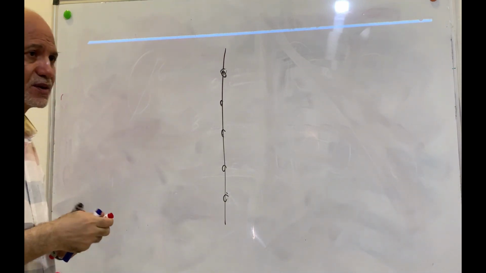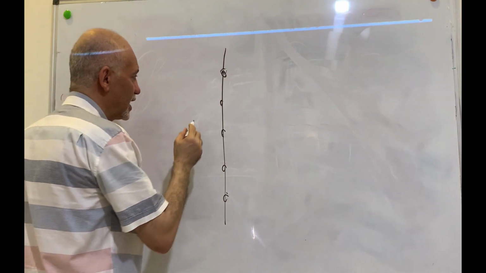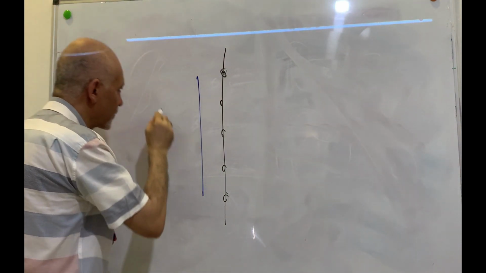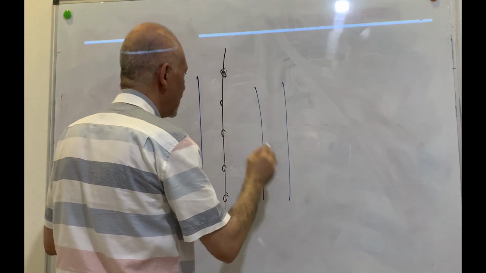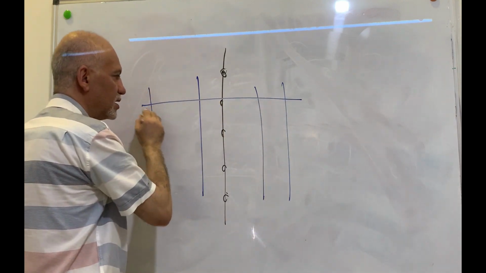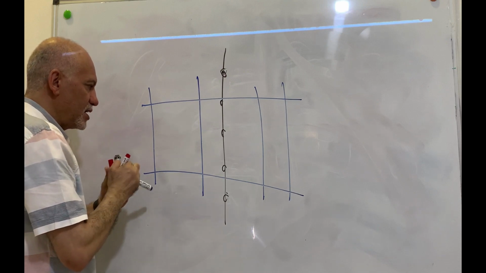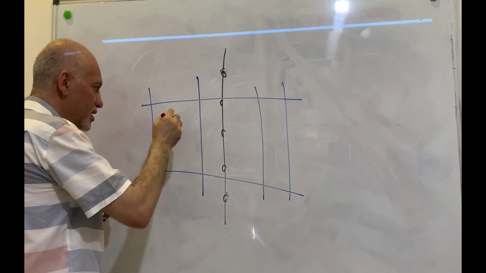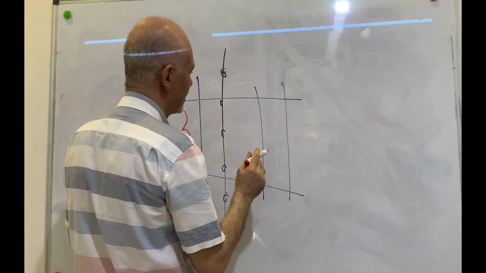We make a quadrangle of two vertical lines and two horizontal lines. The kidney lies inside this quadrangle.